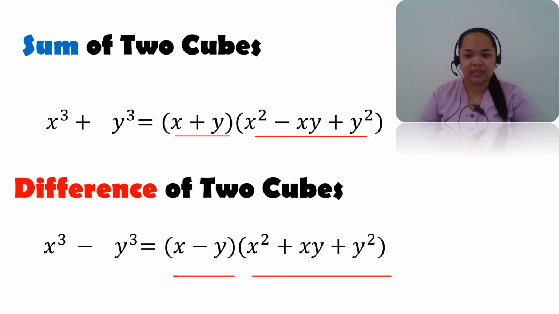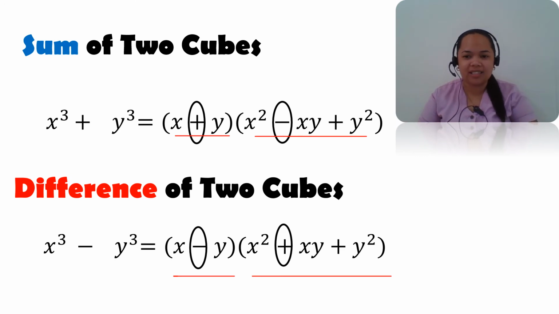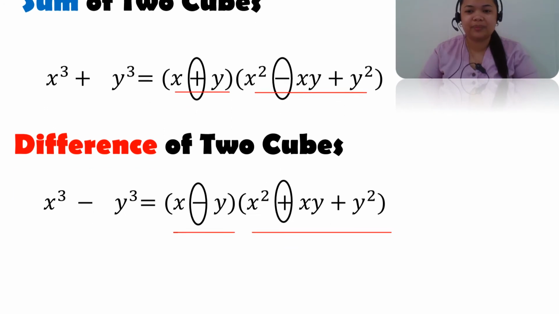The difference between the two are the following. Look at their operations. In the sum of two cubes, the operation in the binomial is plus, while in the trinomial, the operation is minus. On the other hand, in the difference of two cubes, if the operation of the binomial is minus, the operation in the trinomial is plus. So that is the difference between the two.